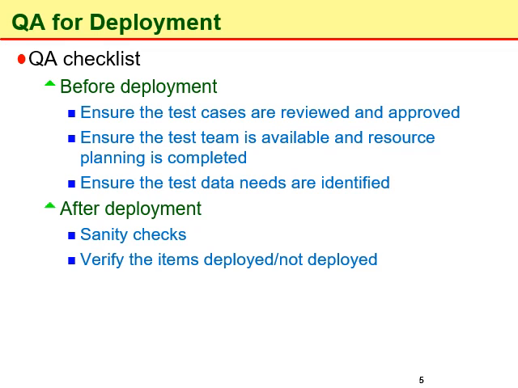Also, the quality assurance team should keep track of the deployed build or version to make sure which items have been successfully deployed, or which changes have been made successfully, and which items have not been deployed, even if they were planned.